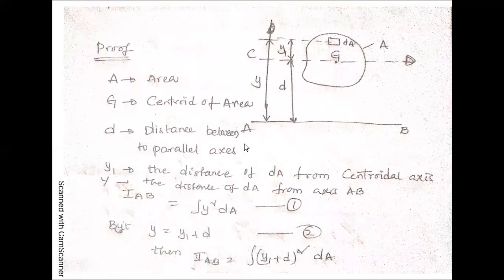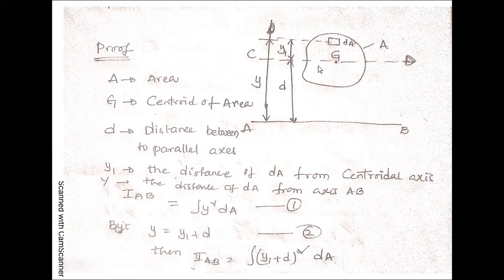So the proof of the theorem: let us take an arbitrary area A, whose center of gravity is located at distance d from the AB line.